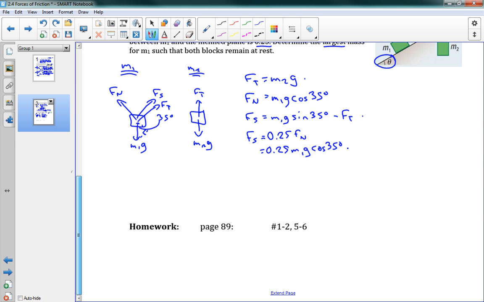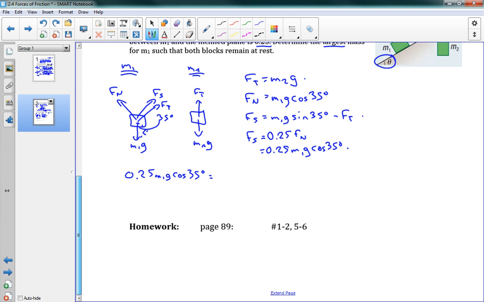So I have two statements for Fs. I can set them equal to each other. So here I can say that 0.25 m1g cosine 35 degrees is equal to the other statement for Fs.